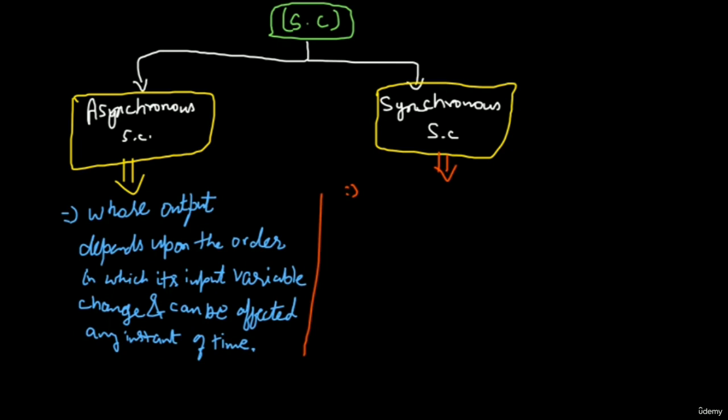I'm going to amaze you with the synchronous thing. Well, how? I'm not going to write so much, just a simple thing. Synchronous sequential circuit has a clock signal. Well, what's the clock? The timing.